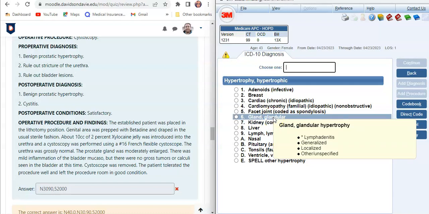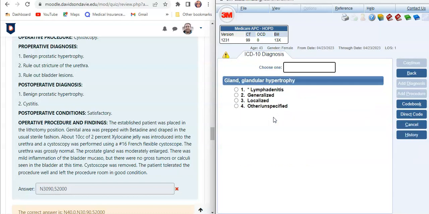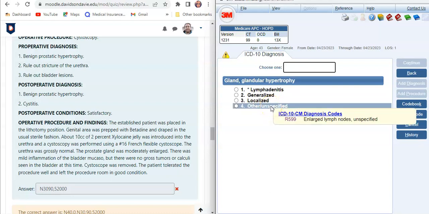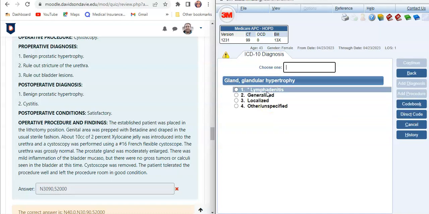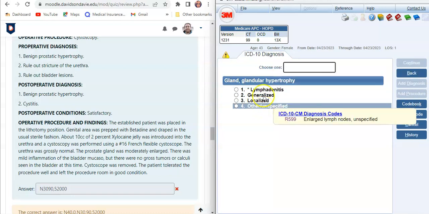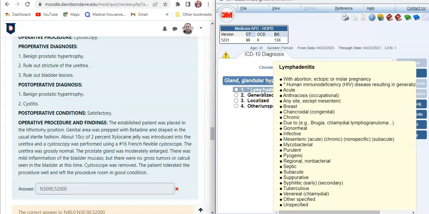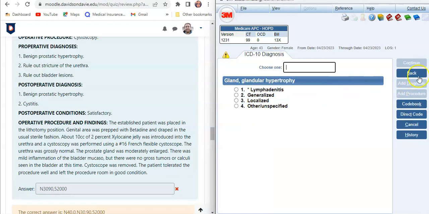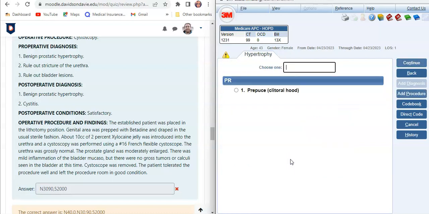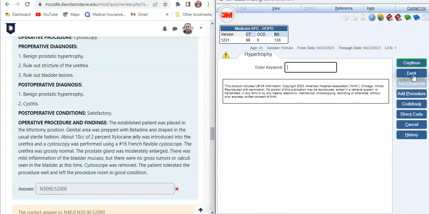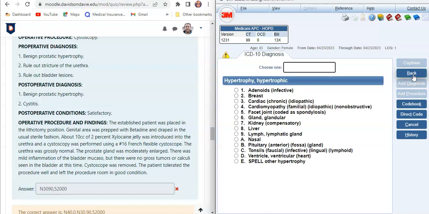Is that considered glandular? That wouldn't be right. Those don't have anything to do with it. Well, can we type it in? Nope. So I don't know. I've reached a wall on that one. I can't figure that one out. So, kudos to you guys that did.